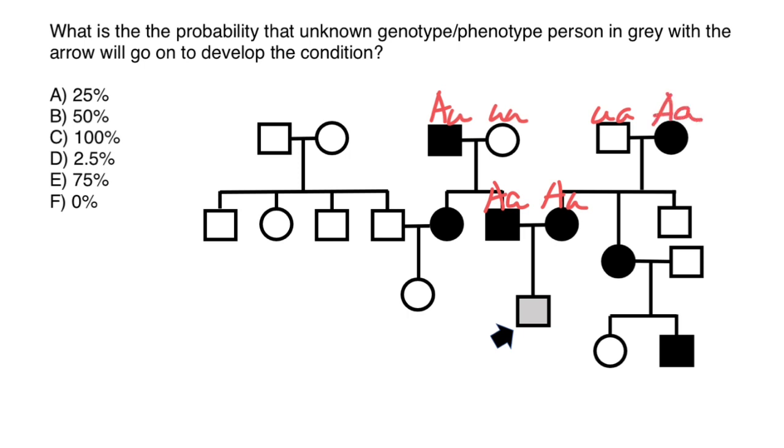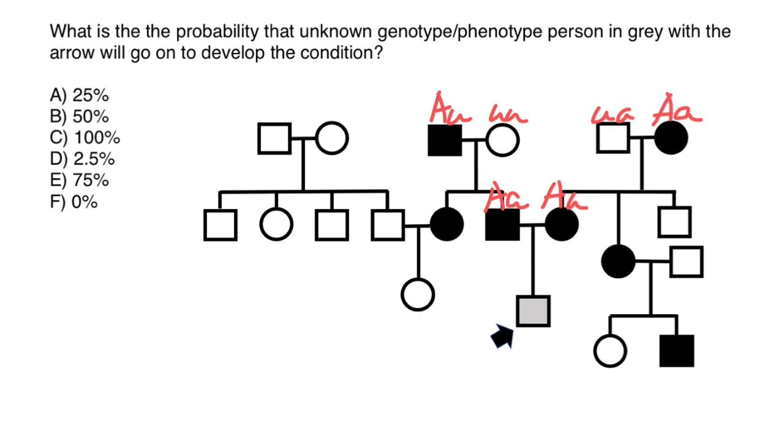Some of you may ask, but what if these affected persons are not heterozygous but homozygous dominant? They're still going to be affected, but this is not going to change the genotypes of their children, no matter whether this person may have two dominant alleles. In this case, 100% of his children are going to be heterozygous, and would be affected.